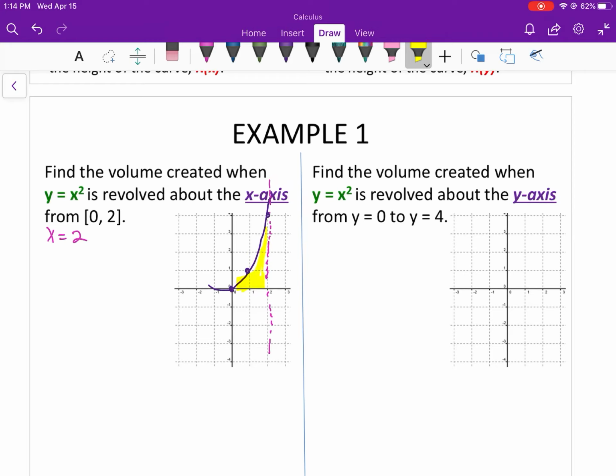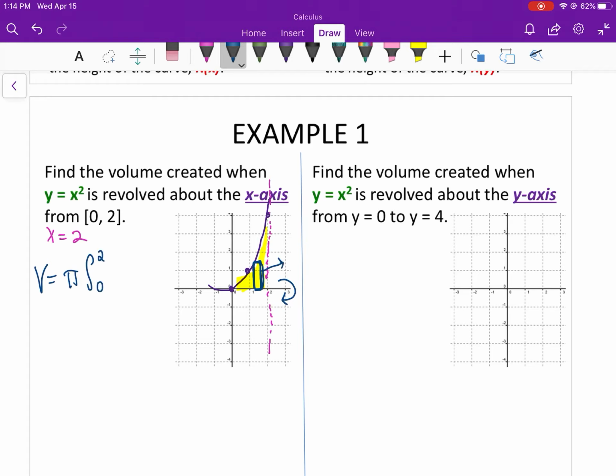And because you're going around the x-axis, you need to draw that kind of an arrow to show the rotation in that direction. And you need to show your rectangle perpendicular to the axis of rotation. All right, as we set up our integration, volume is going to be pi times the integral from a to b of the radius squared.